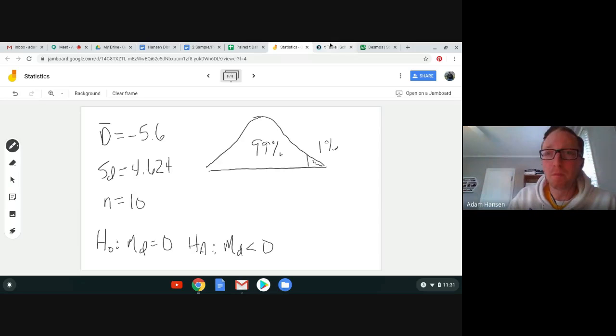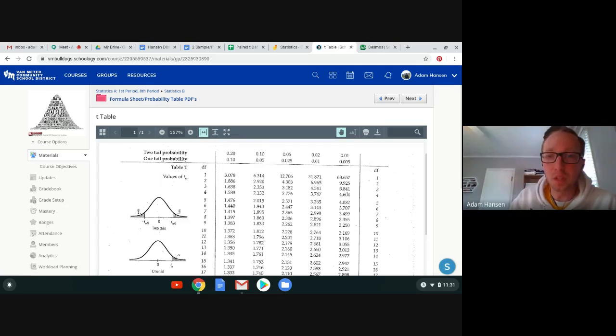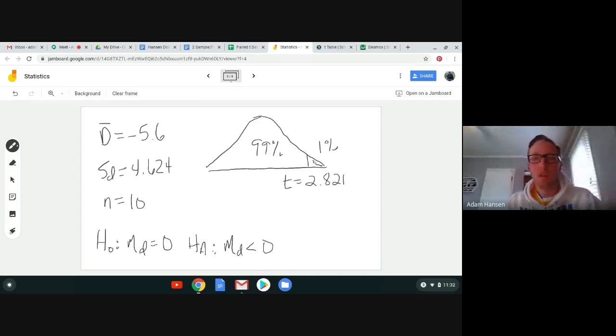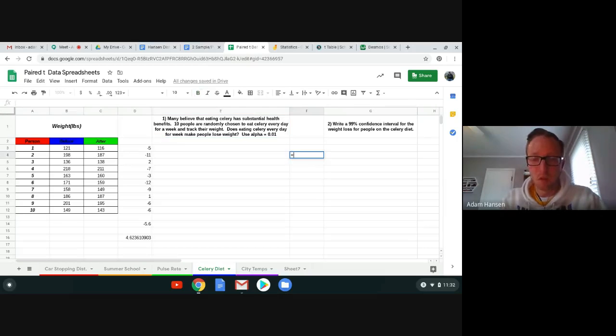So that t-score, 1% puts me in the second column from the right for 9 degrees of freedom, about 2.821. Of course, you can get the same thing on Sheets using T.INV.